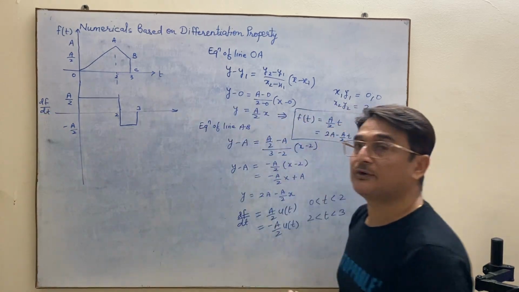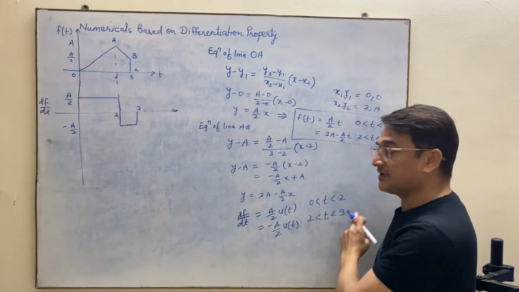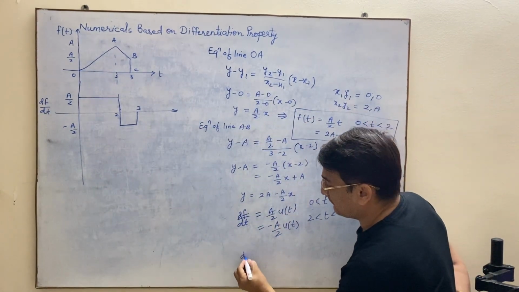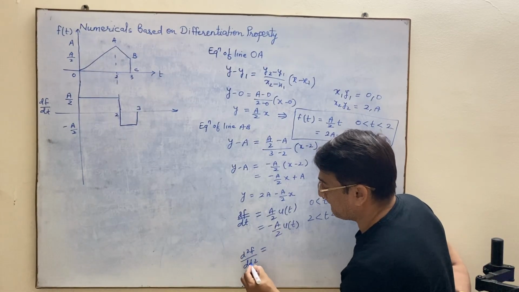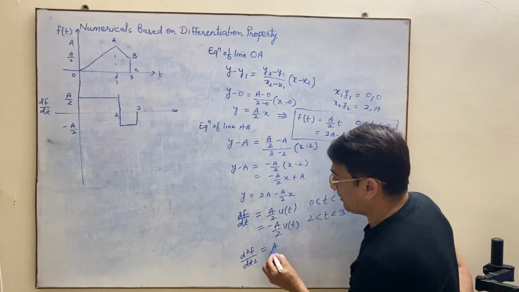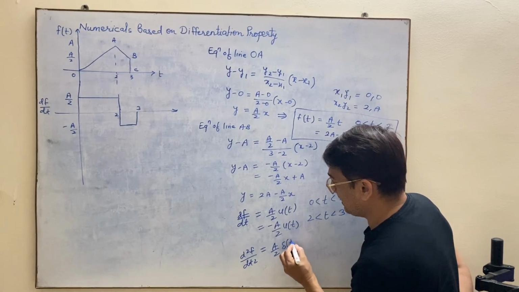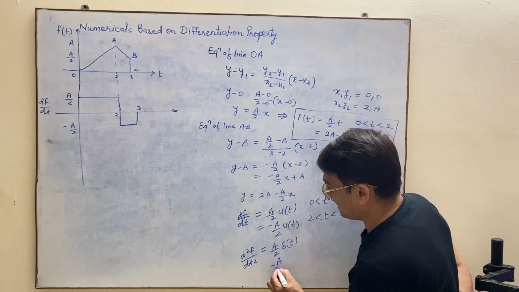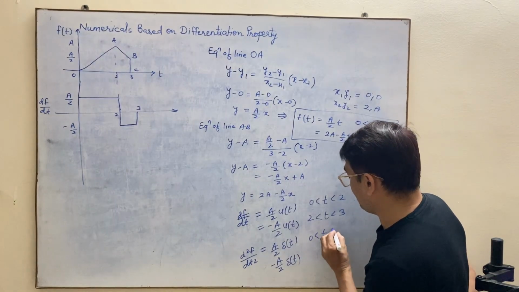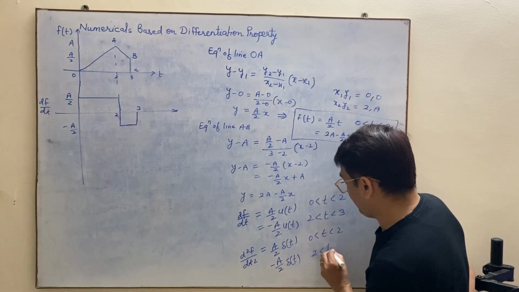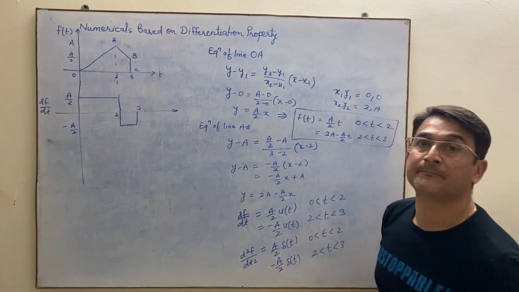Now what you need to do, you need to differentiate this function once again, which is d2f by dt square, a by 2 delta t and minus a by 2 delta t between 0 to 2 and between 2 to 3.